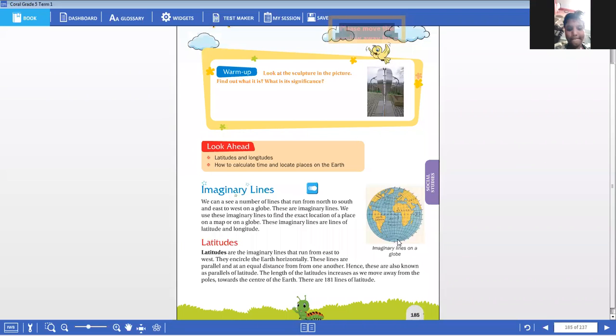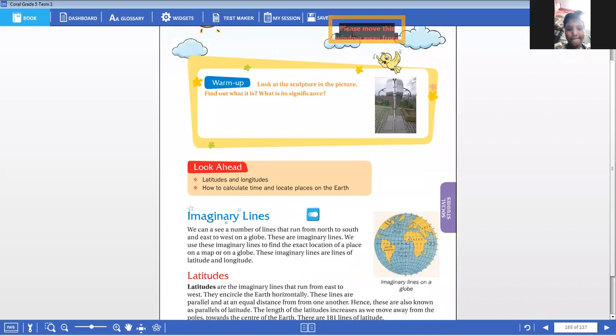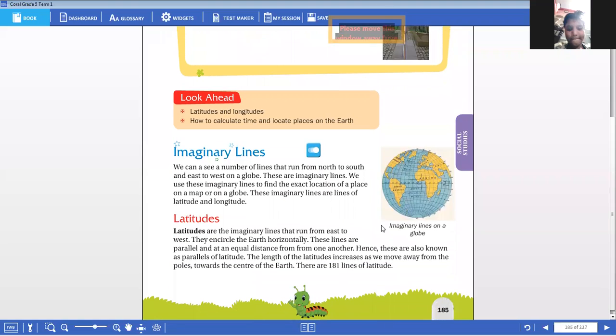Similarly, children, you can observe there are many latitudes present in this globe. Same as this, the distance between two lines is equal wherever you find it. You can observe it carefully. These are two lines of latitude. The distance between them is equal at every point.